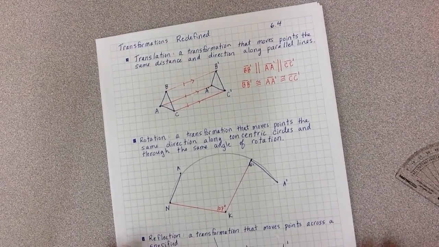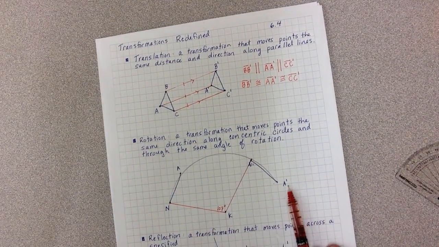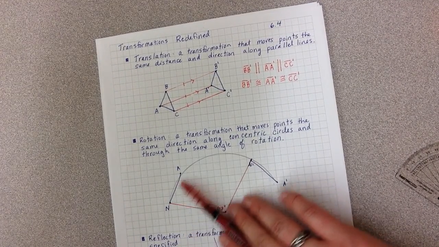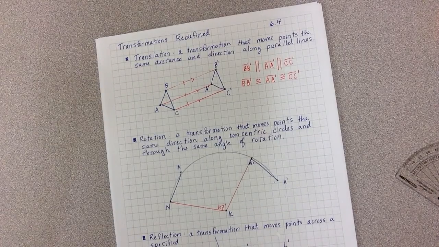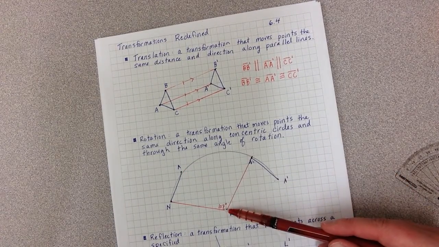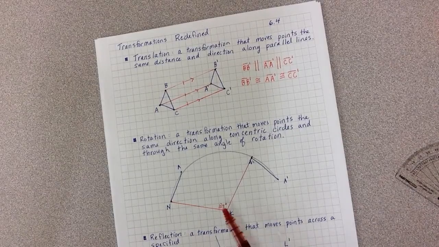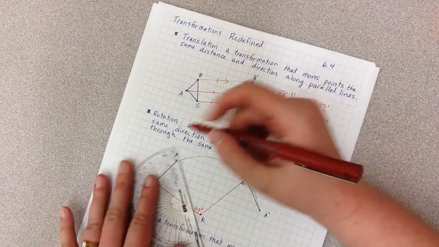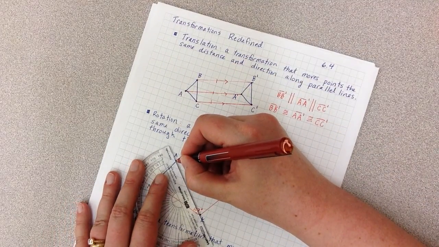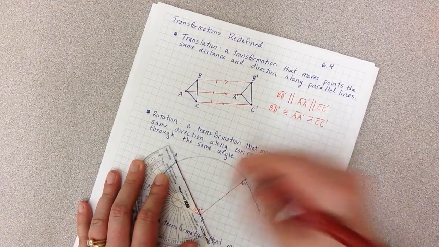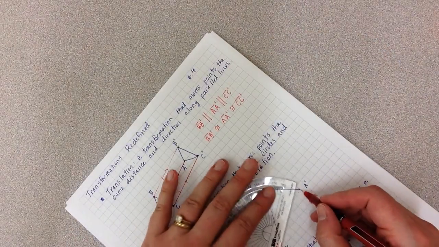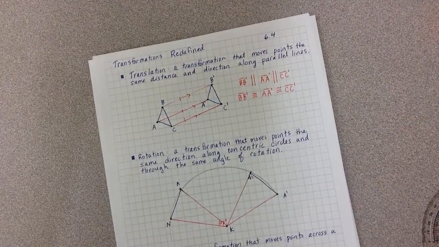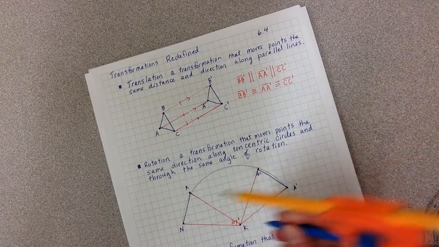So the question is: one, is A prime on a concentric circle to the circle that goes through N prime, and two, will the angle AKA prime be 106 degrees? So again, let's start. I'm going to turn my paper for just a moment. Start with drawing the ray from A to K and from A prime to K. We then are going to make our concentric circle.